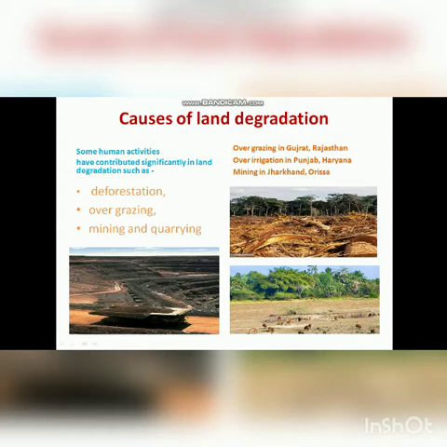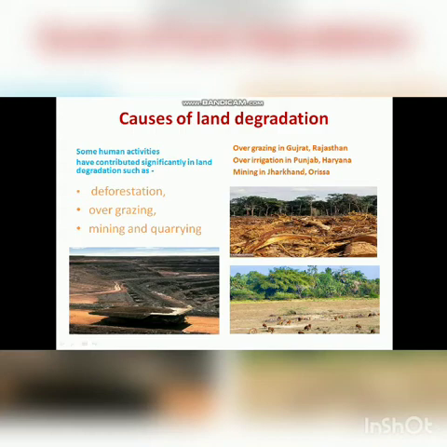The forest area should have been 33% of India's land area, but we have only a little more than 22%. So this is a constant problem for which we should be very cautious and careful.